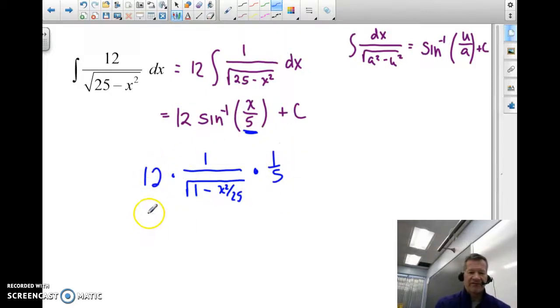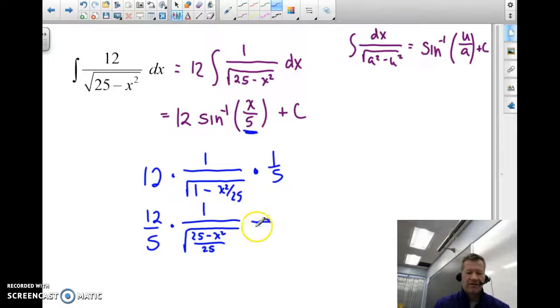So multiplying 12 times a fifth, I get 12 over 5 times 1 over. Now I'm going to combine these terms. 1 minus x squared over 25. Look at the 1 as 25 25ths, and I'll get 25 minus x squared all over 25.